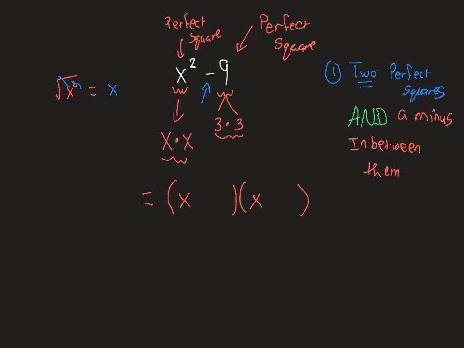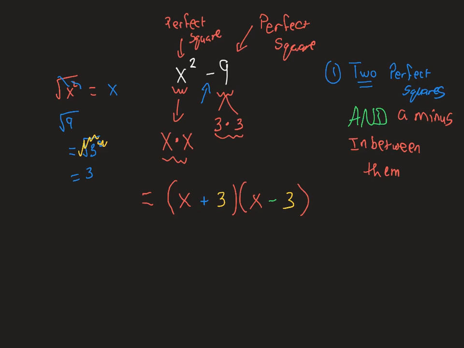And then the square root of 9, well, that's the same thing as saying square root of 3 squared, which is the same thing as saying 3. Because whenever you put the roof, you get rid of the squared. So you're going to have 3 here, 3 here. And what else is the other part of my rule? Well, the other part of my rule is that you're going to have one of them with a plus, doesn't matter which one, and the other one with the minus.